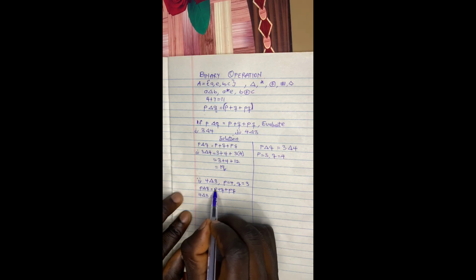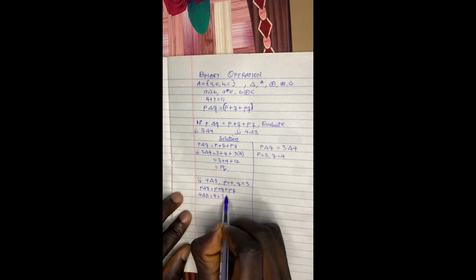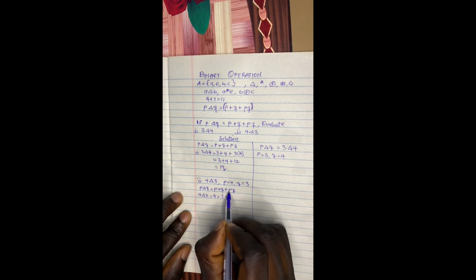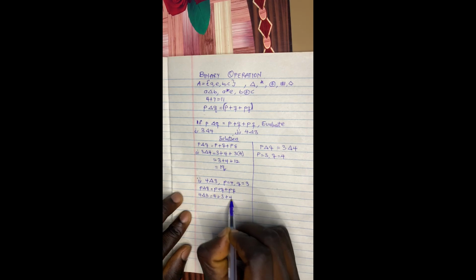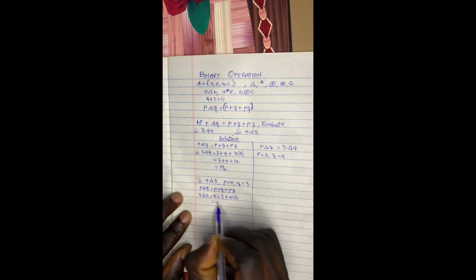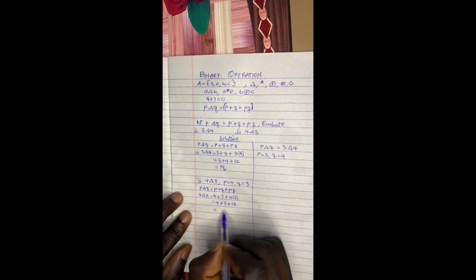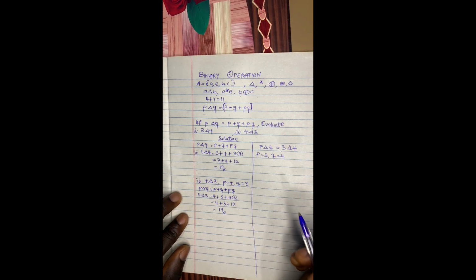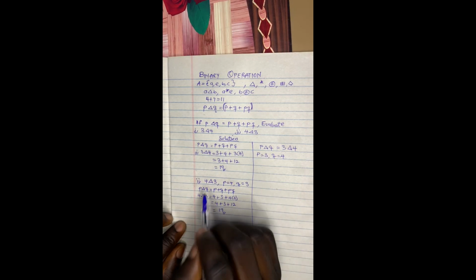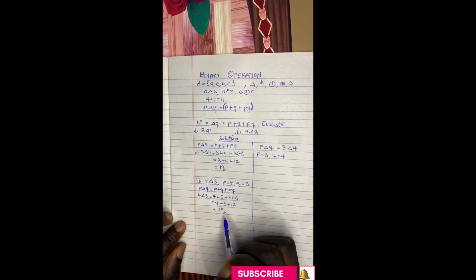In place of P we put 4, plus in place of Q we put 3, plus the product of P and Q, that is 4 and 3. So we get 4 plus 3 plus 4 multiplied by 3, which is 12. Putting them together, we get our answer as 19. So basically that is all about binary operation: the combination of any two numbers following a specific rule to produce another element.